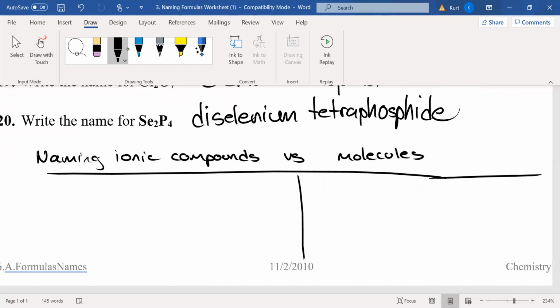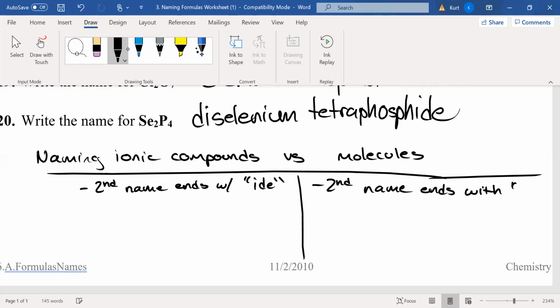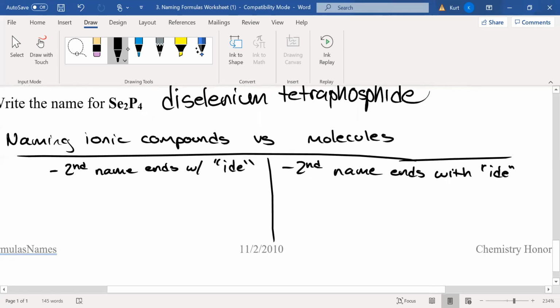Here's what they both have in common. Second name ends with IDE. That's really all they have in common. You always end the second word with "ide," chloride, fluoride, iodide, bromide, sulfide, phosphide, selenide, nitride, oxide.